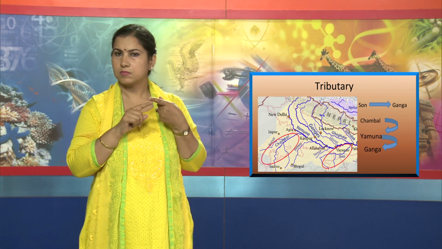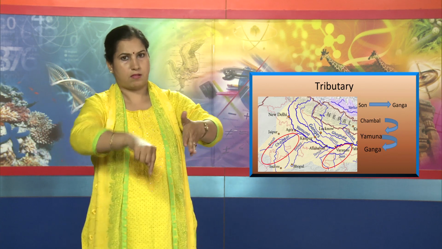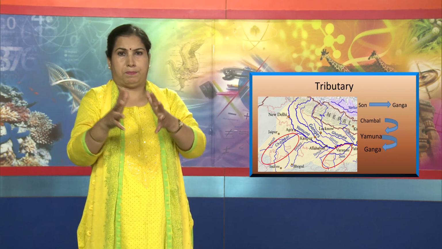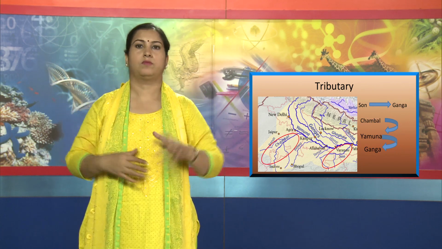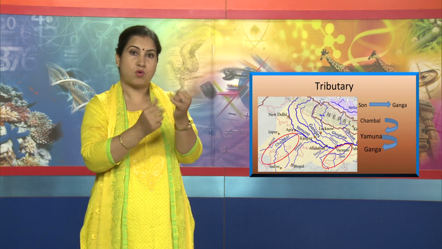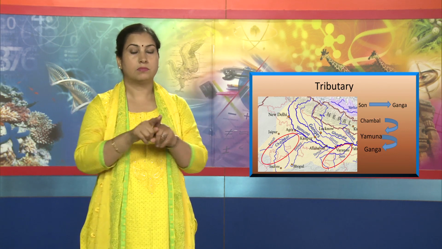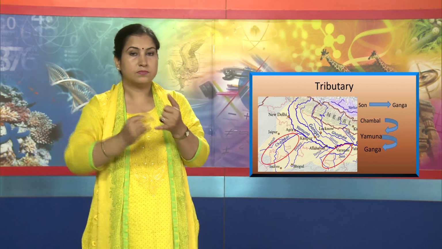Tributary is a stream or a river that flows into a larger river. Example is Yamuna. Another example is River Sun is a tributary of River Ganga.